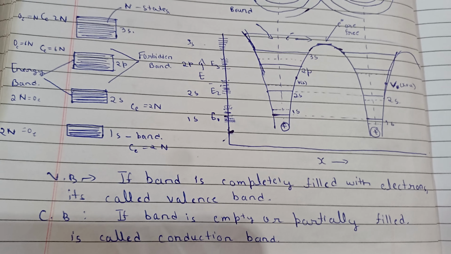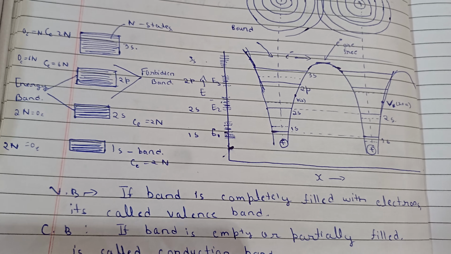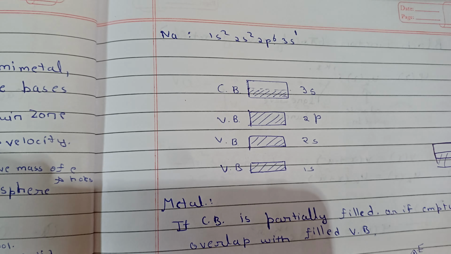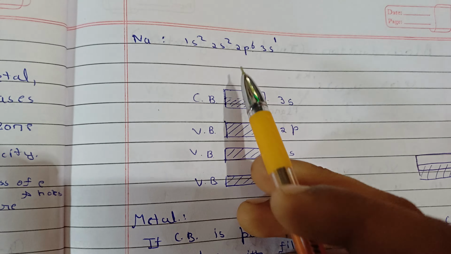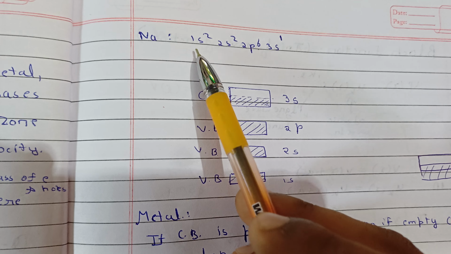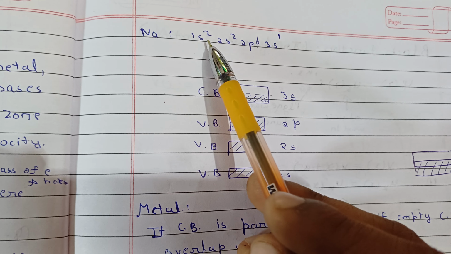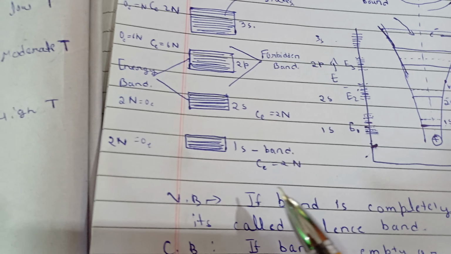So we can understand it better by taking an example. Let's say sodium. What is the electronic configuration of sodium? That is 1s2, 2s2, 2p6, 3s1. If each atom carries 2 electrons in the 1s, then n atoms will carry 2n, so the s band is completely occupied.